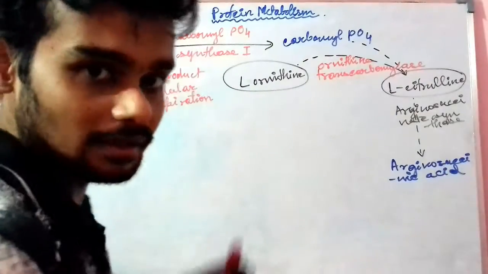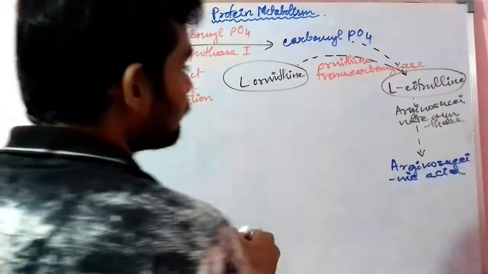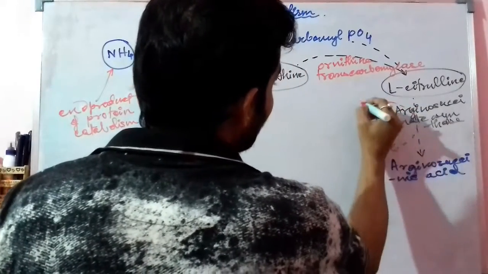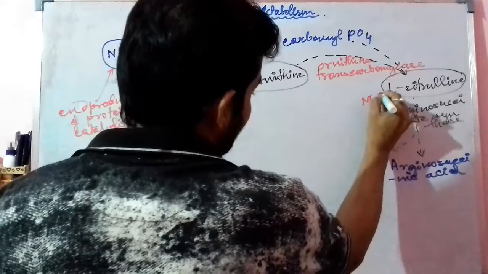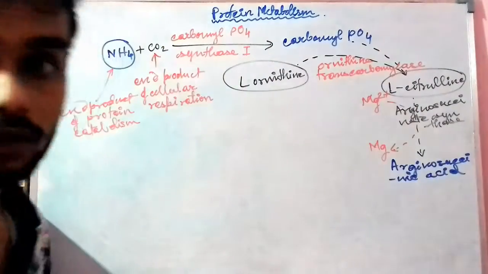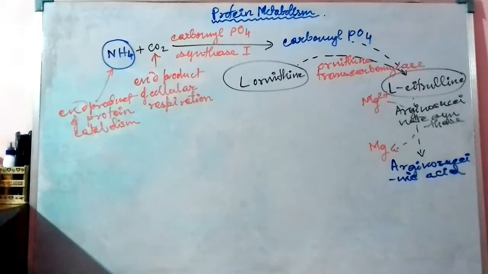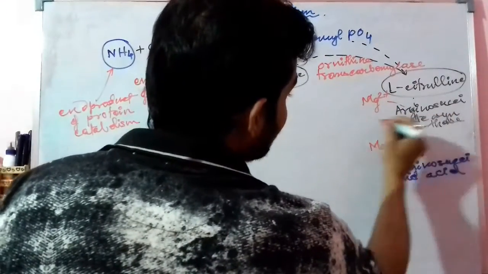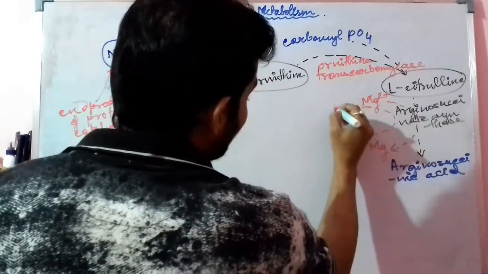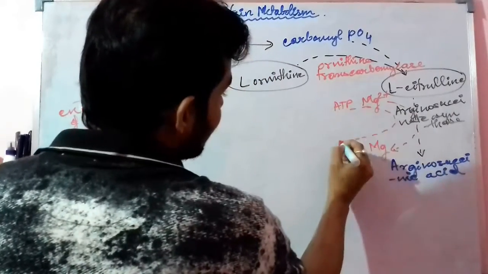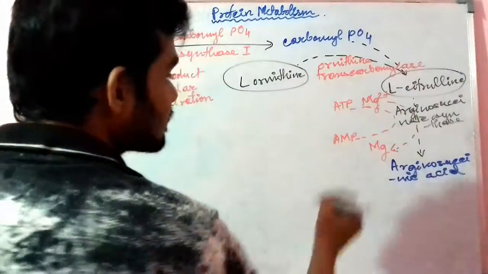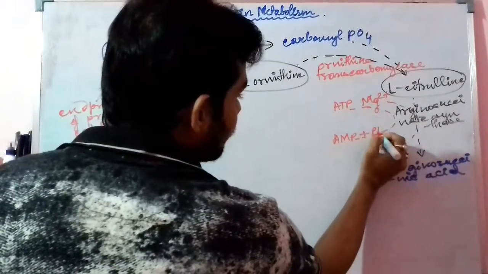And this conversion takes place in the presence of Mg2+ ion, and also ATP. ATP gets converted to AMP, adenosine monophosphate, plus PPi.